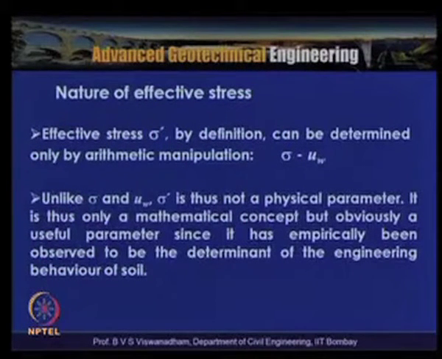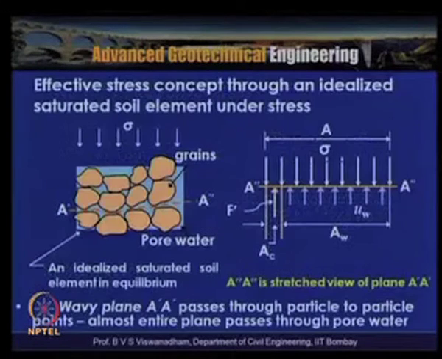Unlike sigma and U_w, sigma dash is not a physical parameter; it is only a mathematical concept. But it is a useful parameter, since it has empirically been observed to be a determinant of the engineering behavior of the soil. Though it cannot be measured, it has a lot of physical significance.